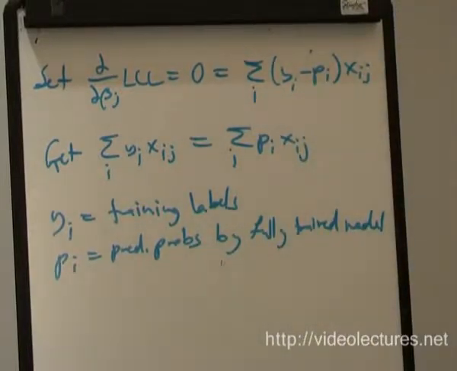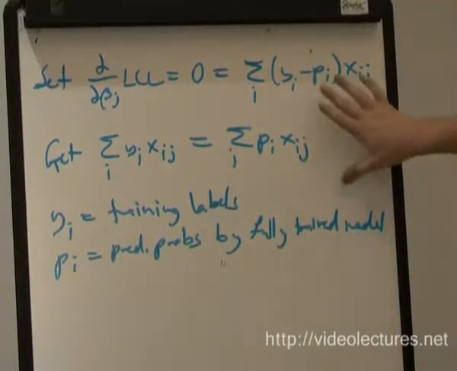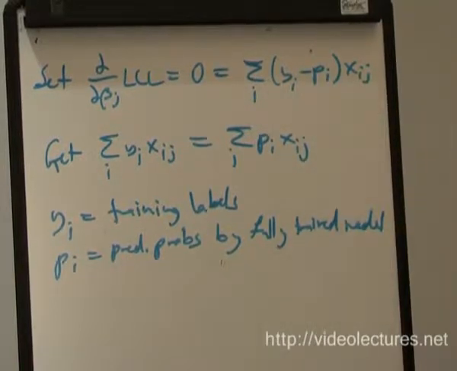So can somebody explain intuitively what it's saying that this sum equals this sum? You want to train a model so that if the label is 1, the probability should be equal to 1, and if the label is 0, the probability should be equal to 0.